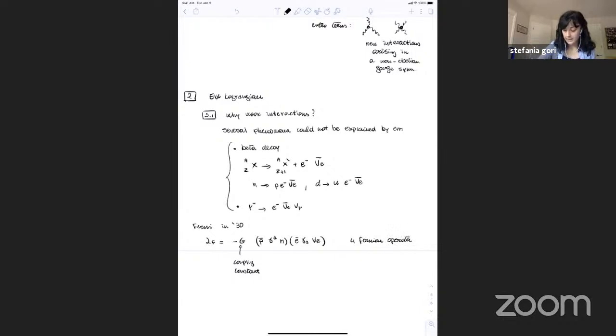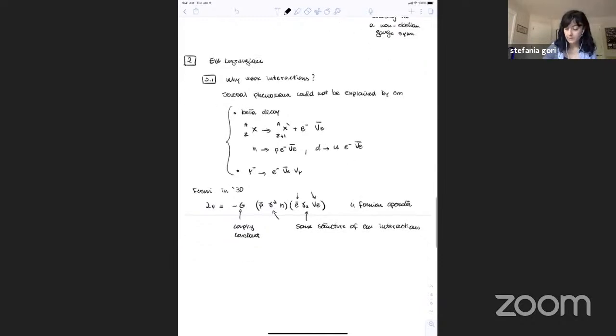And it has the same structure of the electromagnetic interactions, in the sense that you have a vector coupling, say, for example, between the electron and the neutrino. Okay, you have simply a gamma matrix.